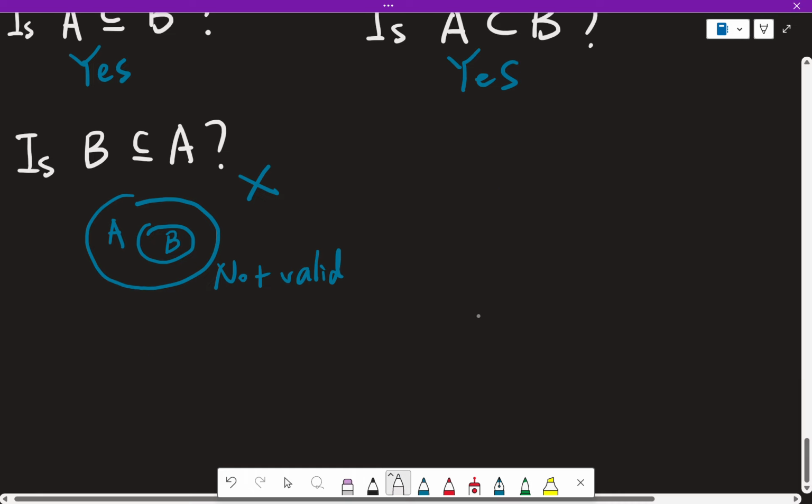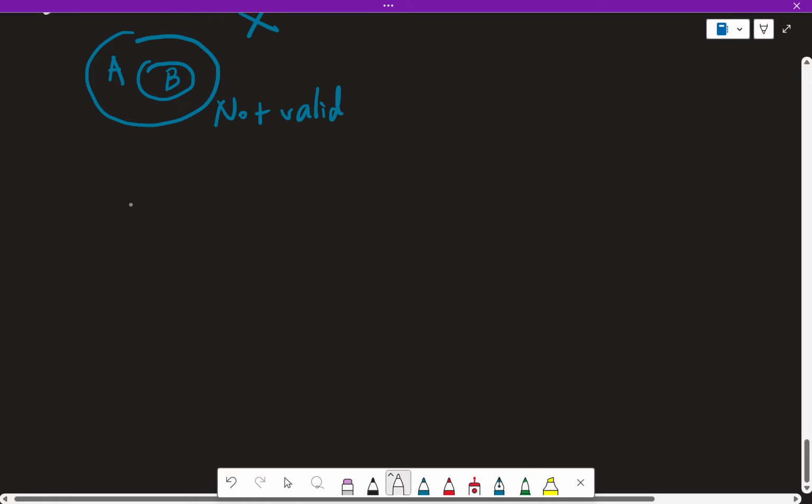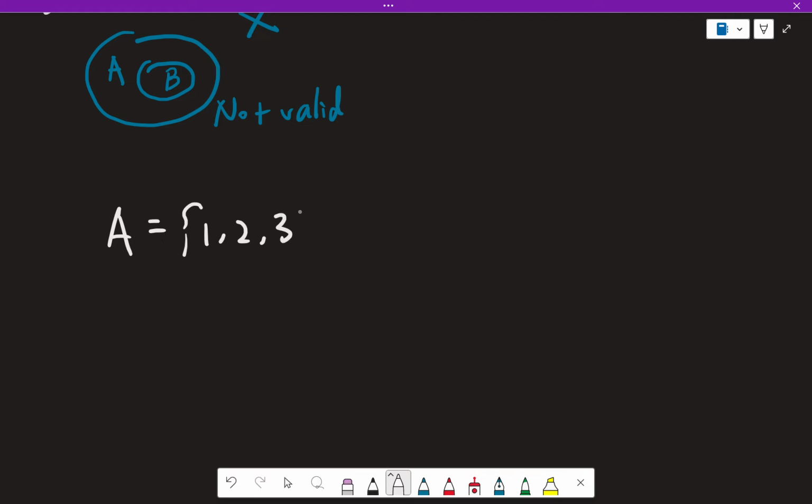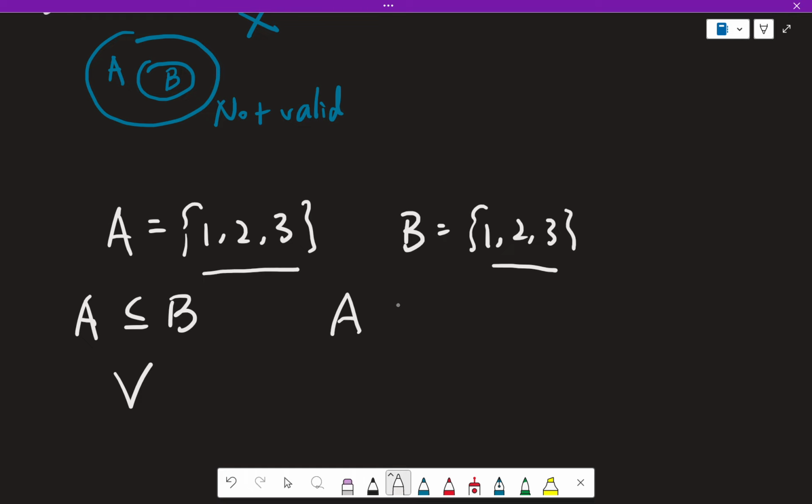Another example can demonstrate the difference between subset and proper subset. If I say A is equal to 1, 2, 3, and B is equal to 1, 2, 3 as well, can I say A is a subset of B? Yes, sure, because all the elements in A are included in B. But can I say A is a proper subset of B?